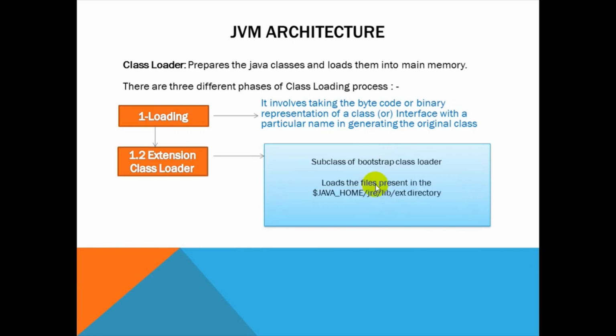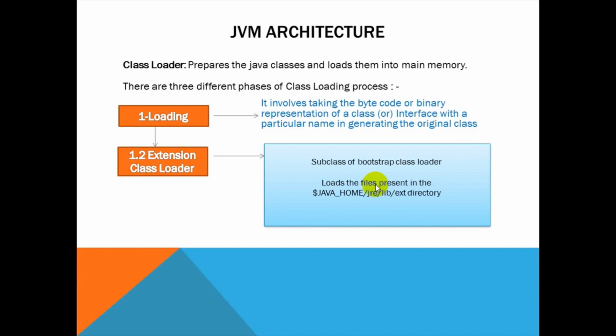Next, we have the extension class loader. It is a subclass of the Bootstrap class loader and the superclass of the application class loader. This loads the extensions of standard Java libraries which are present in the JRE extension folder.